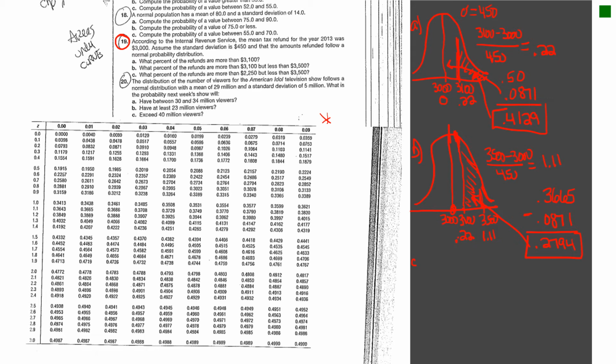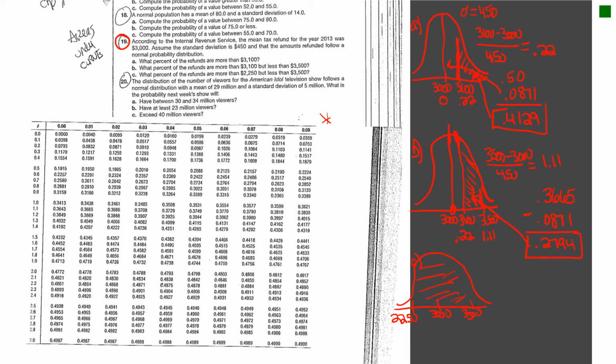Now, last one, letter C, does it again, says we want more than 2,250 but less than 3,500. So lastly, I'm going to draw my curve again. We know 3,000 is my starting point in the middle. I know that 2,250 is in the lower part of the curve, and that 3,500 is in the upper part of the curve. And so we're wanting to find that particular area.